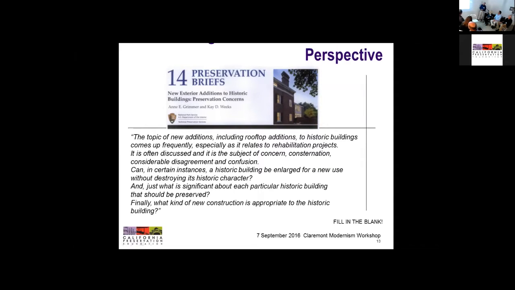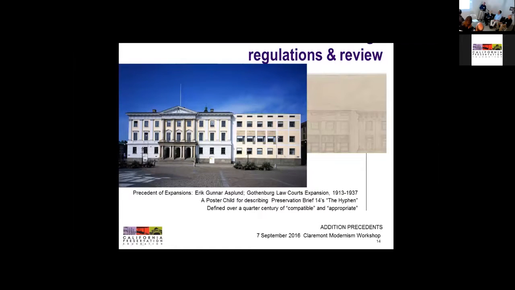And again, because this one in particular addresses historic buildings with exterior additions, this is just a little lead-in infomercial to the Eric Gunnar Asplund, which if you're not familiar with it, it was about a quarter century in the making, and from when it was initially expanded, the original design was in a kind of a neoclassical style. What he ended up with, and there's the original drawing from the Museum of Modern Art, actually in New York, of the connection between the two.